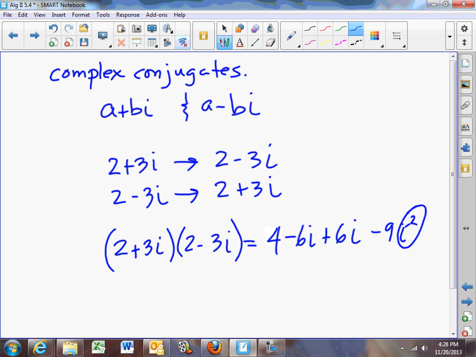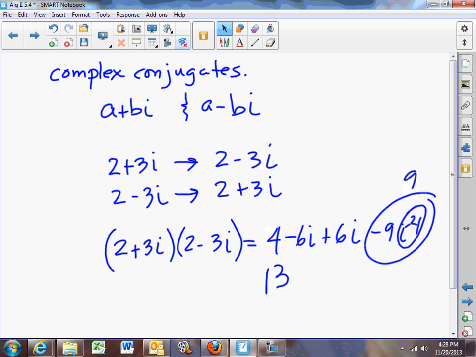Now, i squared is negative 1, so this whole thing becomes positive 9. Negative 9 times negative 1 is 9. Now, 4 plus 9 is 13. Negative 6i plus positive 6i is 0. So 2 plus 3i times 2 minus 3i is 13. Real number for the answer there. And mathematically, that's very special.